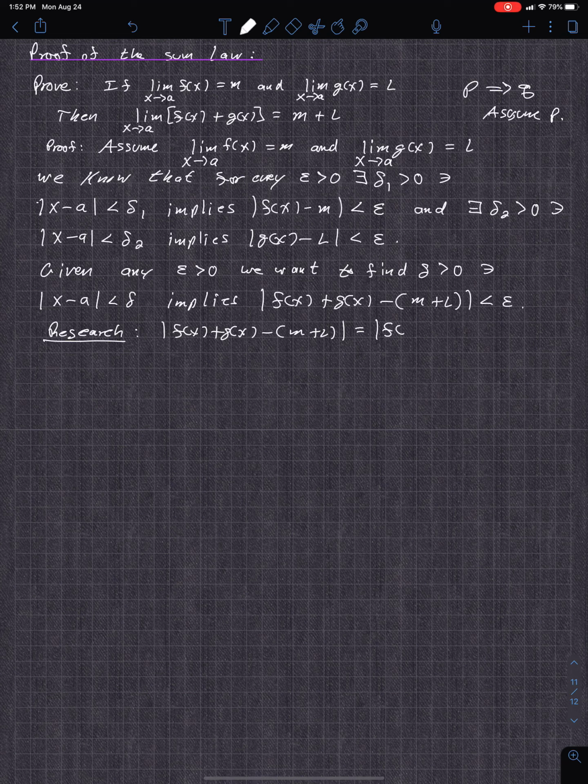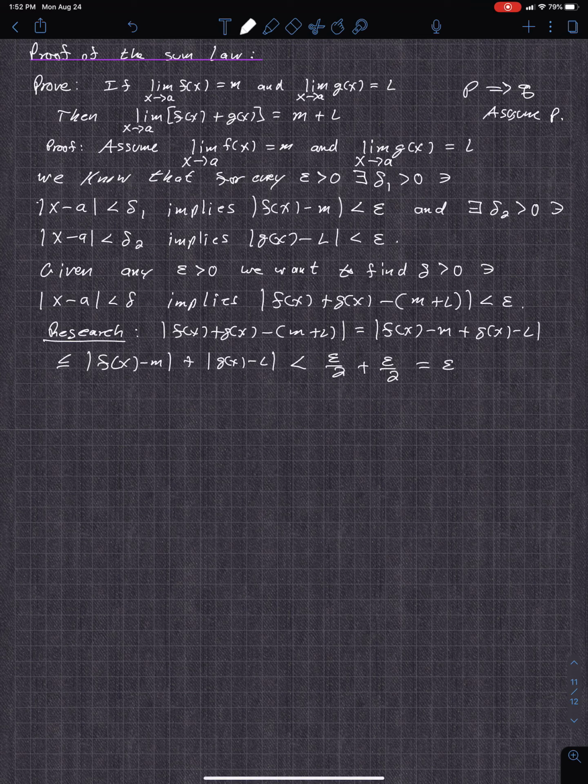Rewrite it as f of x minus m plus g of x minus L. And then we can use the triangle inequality to write absolute value that's less than or equal to absolute value of f of x minus m plus absolute value of g of x minus L. So that we can say then is less than, and if we write this as epsilon over 2 plus epsilon over 2, that's going to equal epsilon.